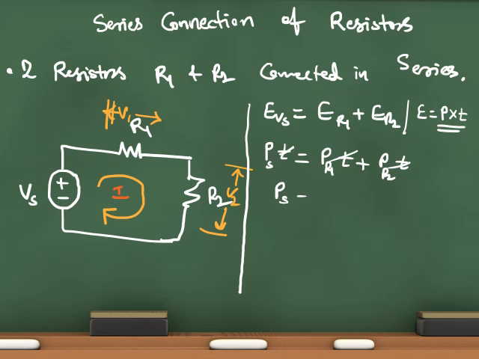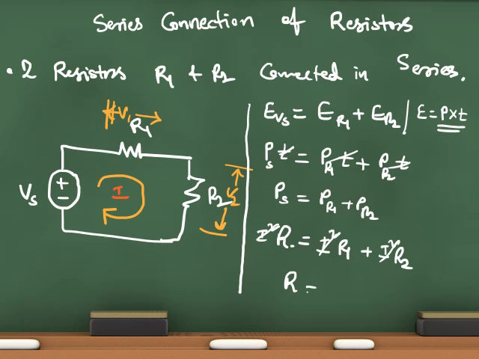So that is P R1 plus P R2, and as the current is the same, I can write power in terms of current. So that is I square R1 plus I square R2, here I square R, and I square gets cancelled. I got R equal to R1 plus R2.